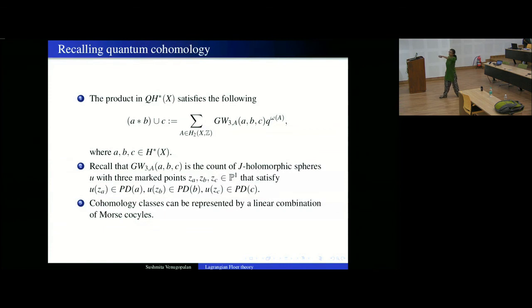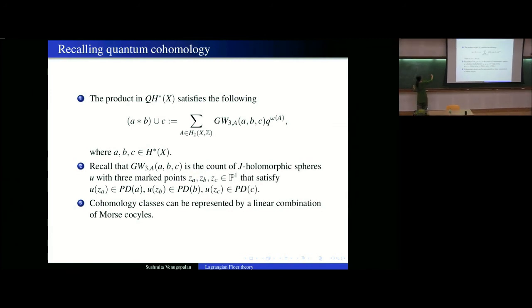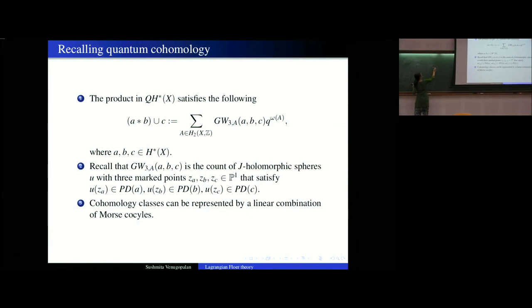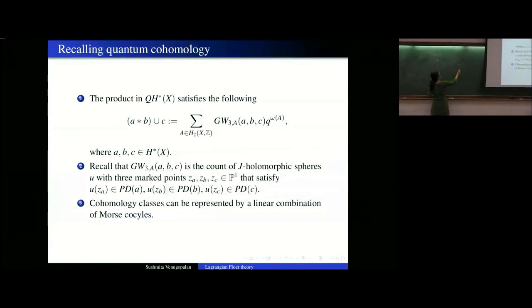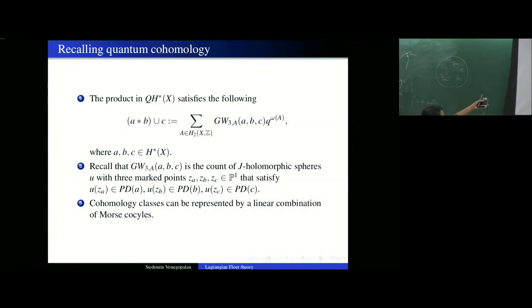So the three-pointed Gromov-Witten invariant, which occurs in that definition, is defined as the count of J-holomorphic spheres with 3 marked points, mapping to the appropriate cycles. So these cycles are the Poincare duals of the classes A, B, C.